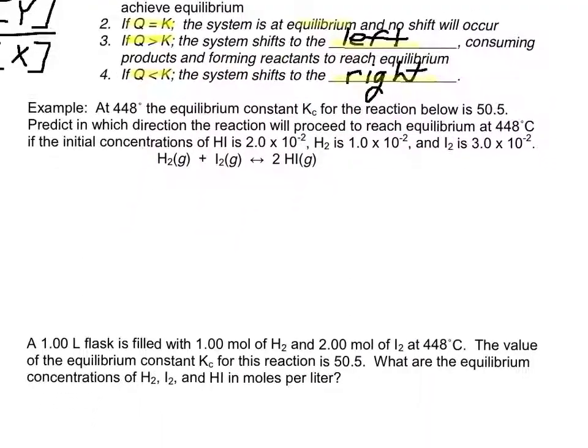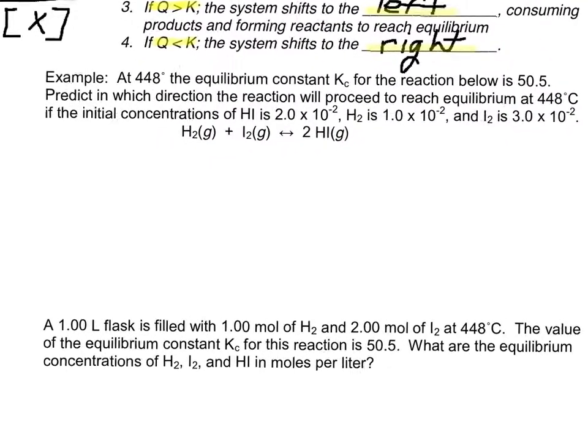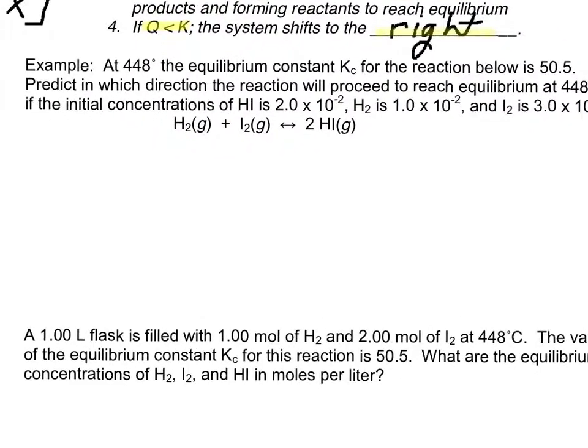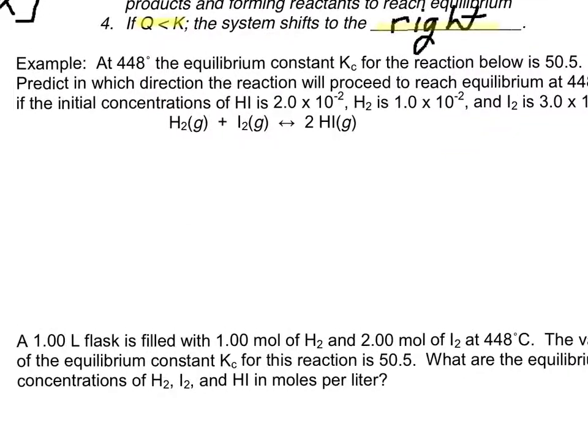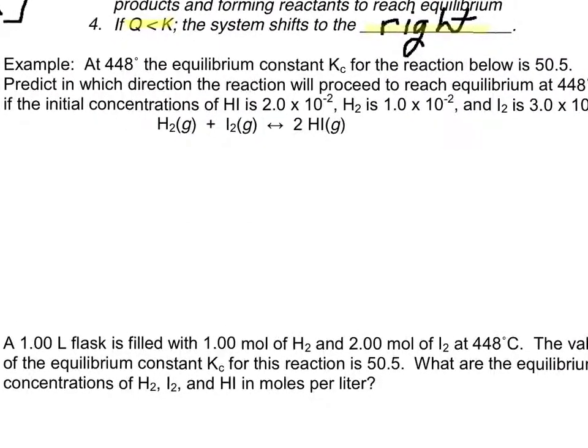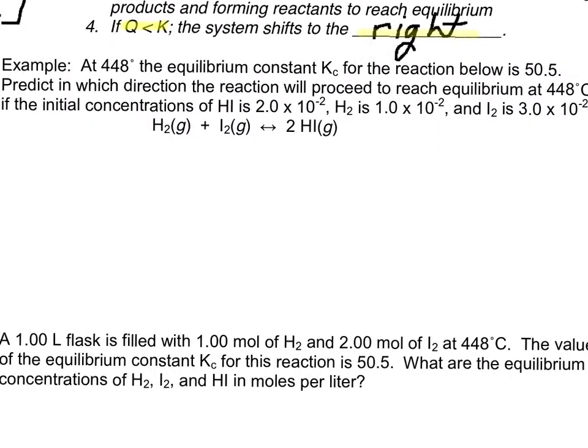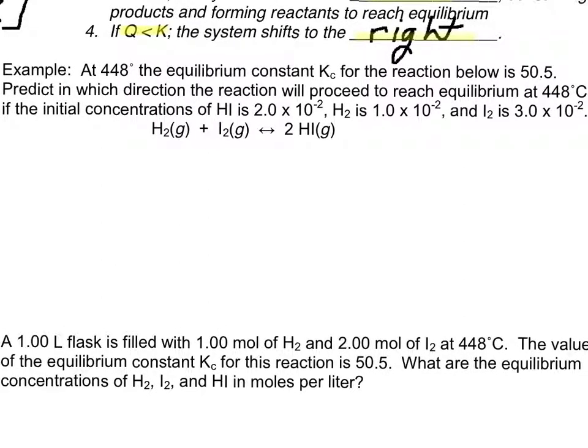In this problem here, it gives us a value for Kc. It asks us to predict what direction our reaction is going to be going, and then it gives us our initial values. We set this up in a very similar manner to how we did our previous problem.